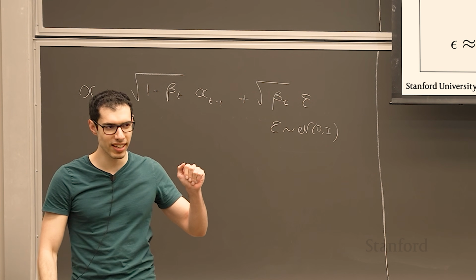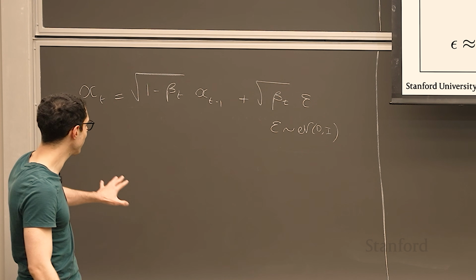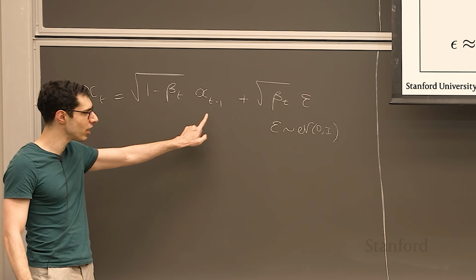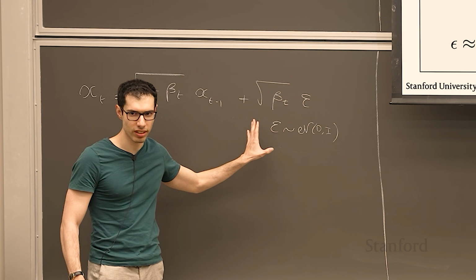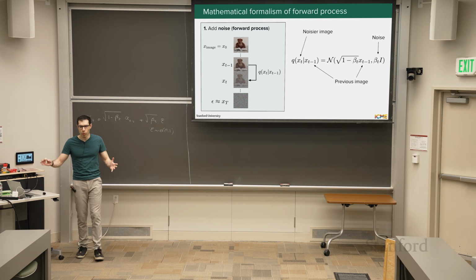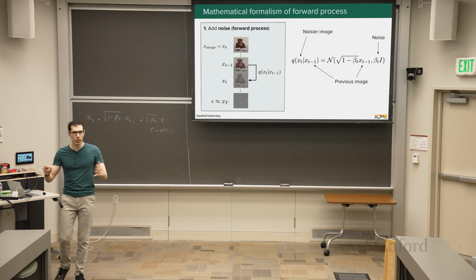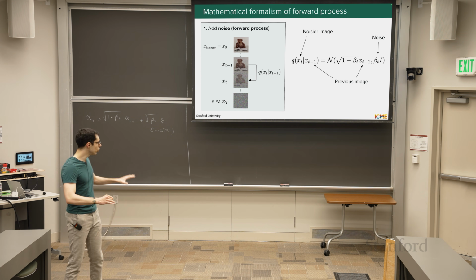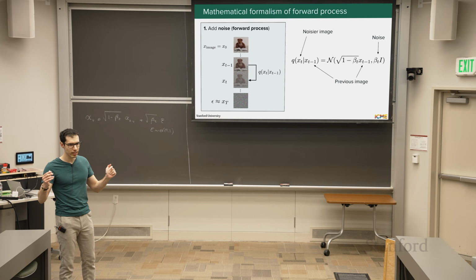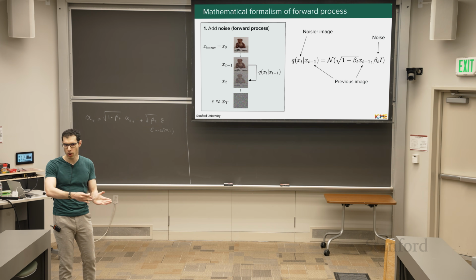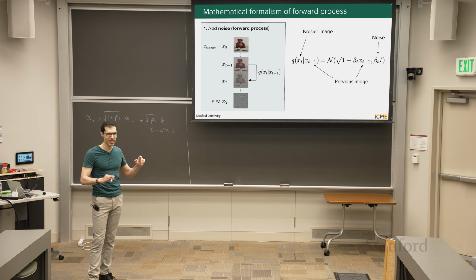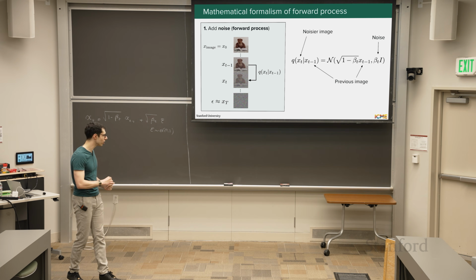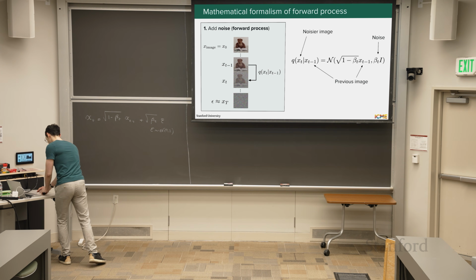This seemingly complex formula is nothing else than you taking your less noisy image, weighting it by some coefficient, and then adding some noise with some coefficient. Now you may wonder why we are using these coefficients. We will see later in the class why we do that. But you can see that the variance of this whole thing is preserved from one step to another. So this way of noising images is called variance preserving, VP. We'll see that more later on.